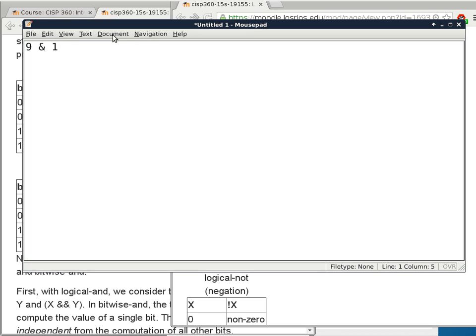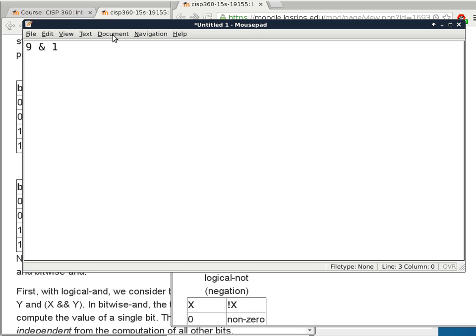So we want to figure out what is the bitwise AND of 9 and 1. And just to make sure that I don't waste too much time writing zeros and ones, we'll deal with 8-bit integers, because it's the same approach for 16-bit or 32-bit or 64-bit numbers. What is the 8-bit representation of 9? 1001 as the least significant bits, everything else being zeros.